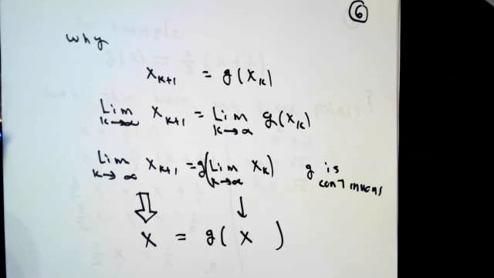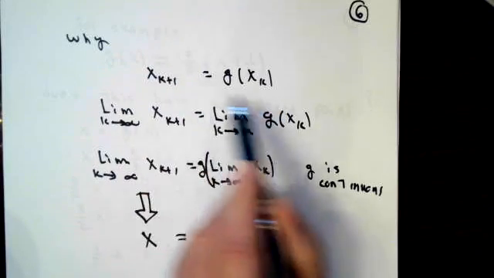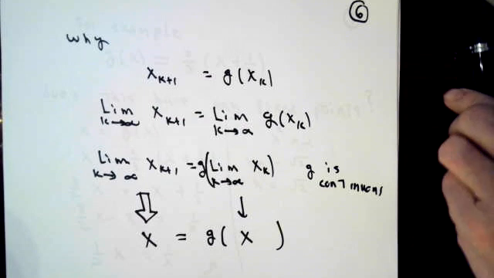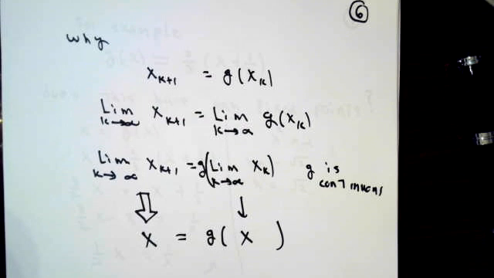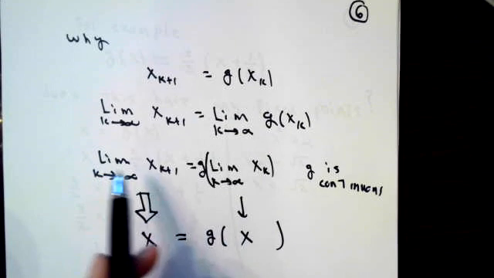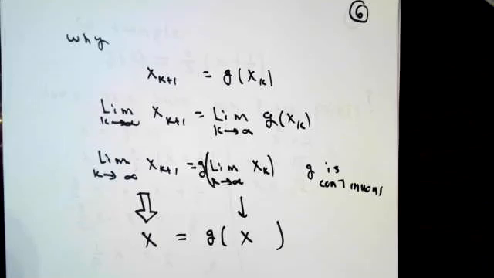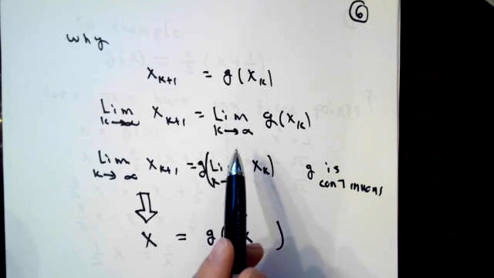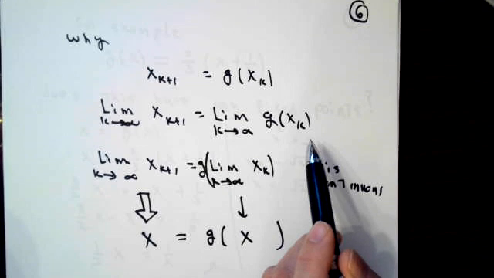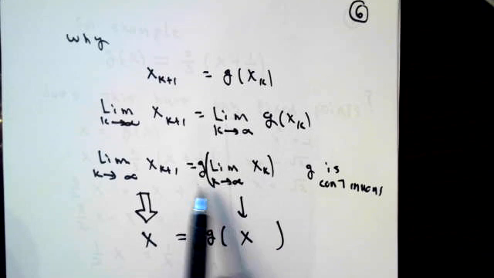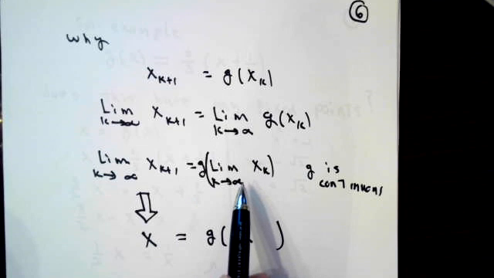So in this fixed point iteration, as we're going to call it, in this x number k plus 1 equals g of x number k, suppose that g is continuous, at least on the places we're interested in, and that the sequence of numbers actually converges to some limit x. If you take the limit of both sides, because g is continuous, the limit of g evaluated at various x's is g evaluated at the limit of the x's.